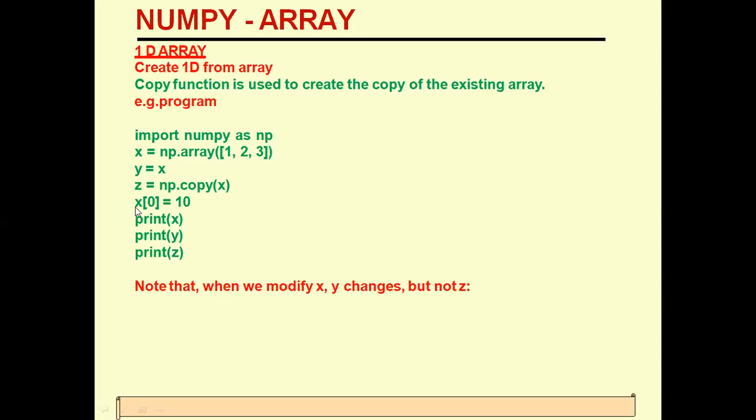Here x[0]. What is 0? 0 means the first position here. x[0] equal 10. Now it will replace the existing element 1 with 10. So print x, print y, print z. It will display accordingly whatever values are in each array.